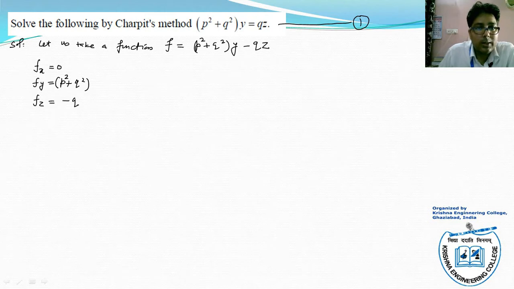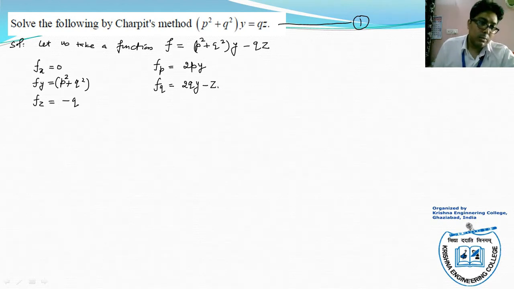Similarly, the partial derivative with respect to p is 2py, and with respect to q is 2qy minus z.